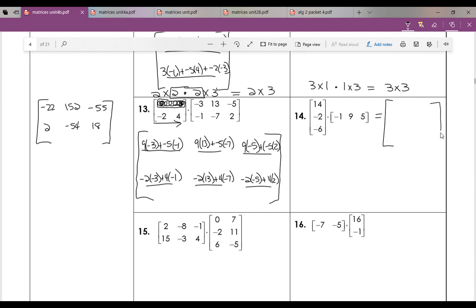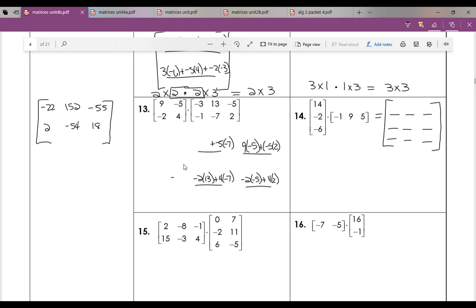No lie. 3 rows, and each row has 3 elements in it. 3 columns. Nope, I'm going to help you with this one. So I am going to come back over here and erase number 13 because I need some space. Because I need 9 numbers this time.